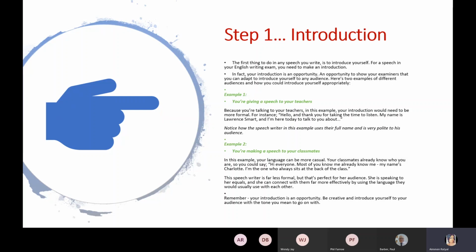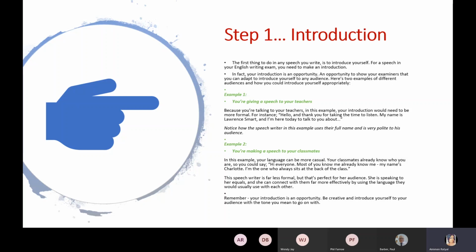Because you're talking to your teachers, your introduction would need to be more formal. An example of it would be, hello, and thank you for taking the time to listen. My name is Lauren Smart, and I'm here today to talk about, and then you continue your introduction. Notice how the speechwriter in this example uses their full name and is very polite to the audience.